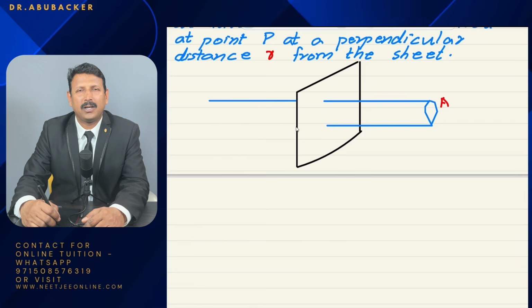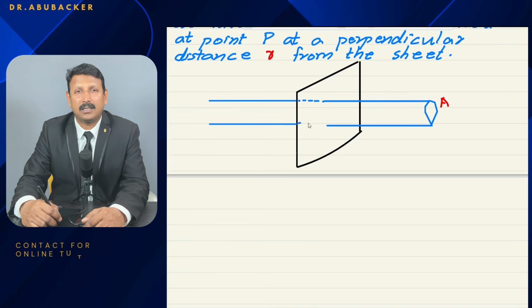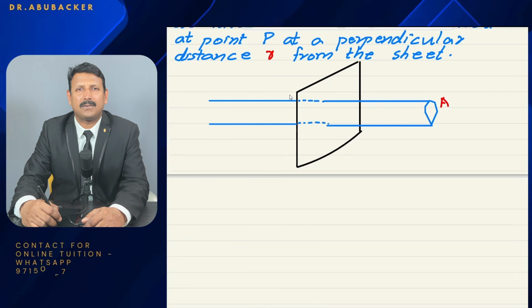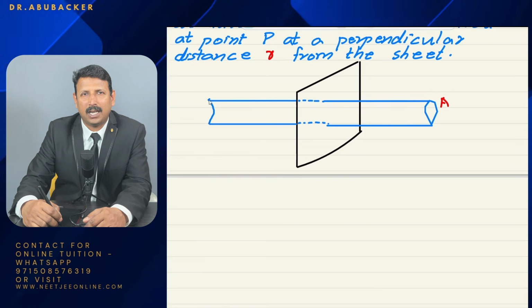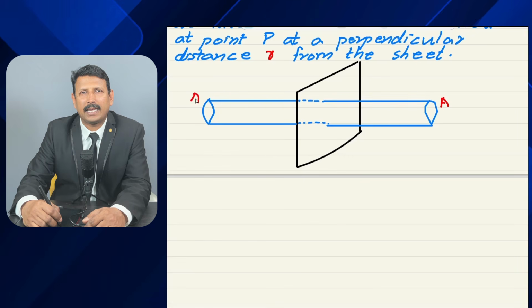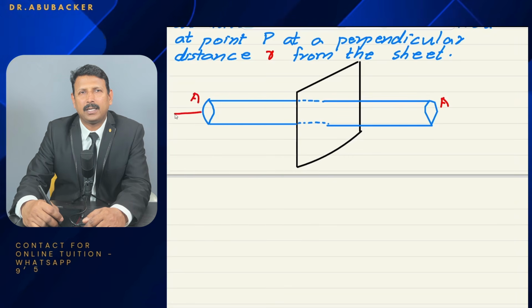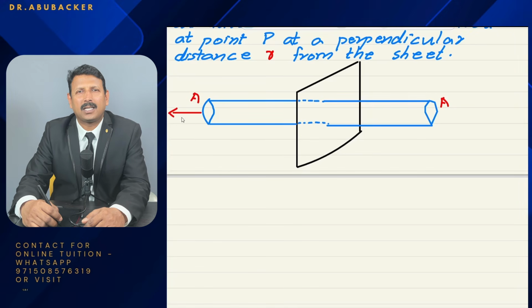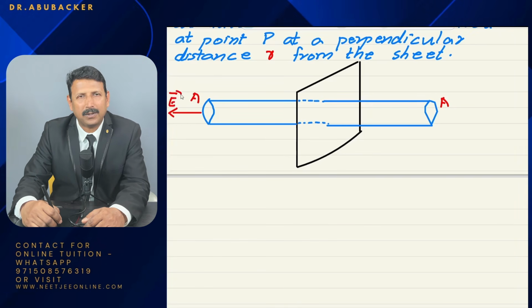In the other video I explained there is a way of considering an imaginary surface. The name of that way of considering is Gaussian surface. So here the Gaussian surface is in the form of a cylinder. Now you can see the diagram, a small cylinder, and the cross-sectional area of the cylinder is A. That point is the point P, and the direction of the electric field at that area is capital E, away from the sheet.